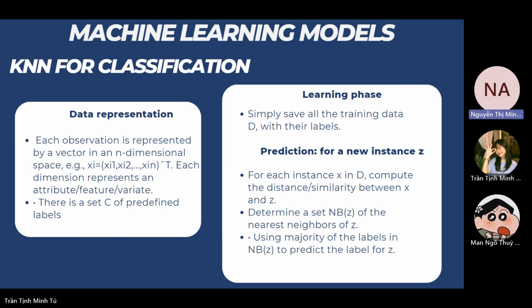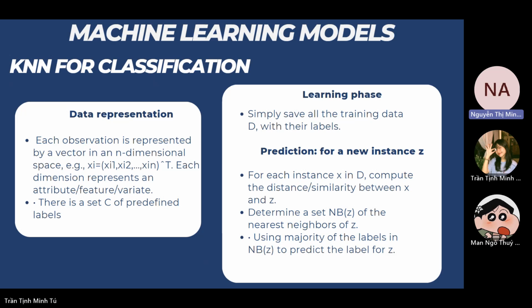KNN for classification. Data representation: each observation is represented by a vector in an n-dimensional space. Its dimensions represent an attribute or feature. In the learning phase, we simply store the training data D with their labels.